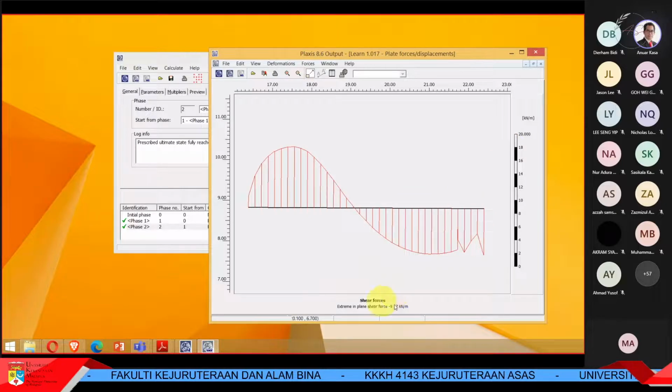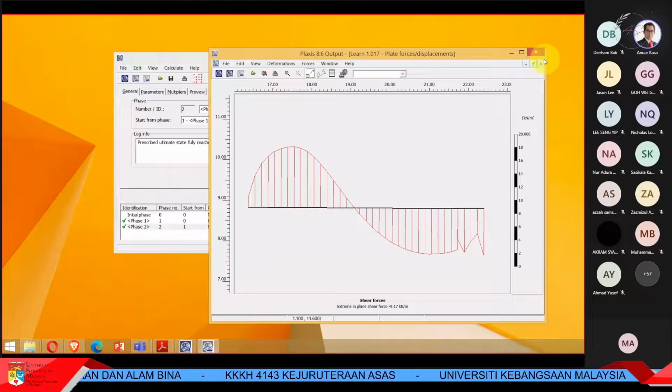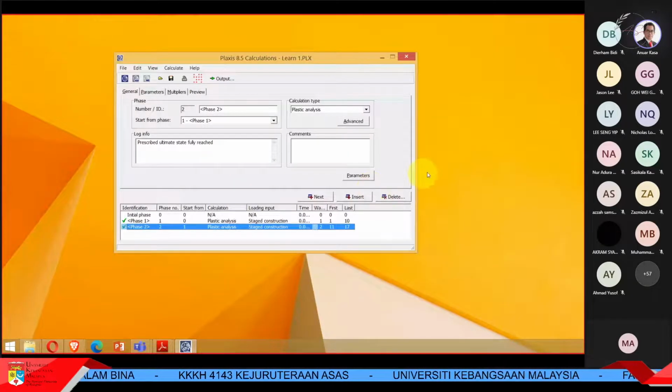So you can get the value here. Okay, I can just close this one. Okay, that is the analysis for elastic deformation. Okay, let's say now we want to know what is the factor of safety.